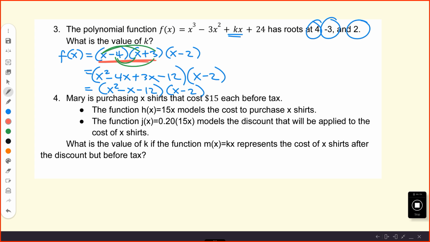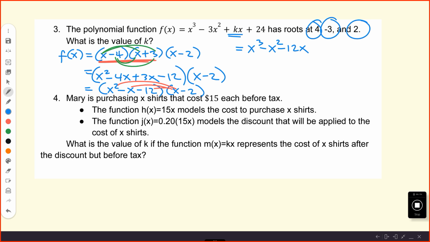So we just have to multiply this binomial by this trinomial, right? We start by multiplying the x to all of the terms in the trinomial. x times x squared is x cubed, right? x times -x is -x squared. And then x times -12 is -12x.